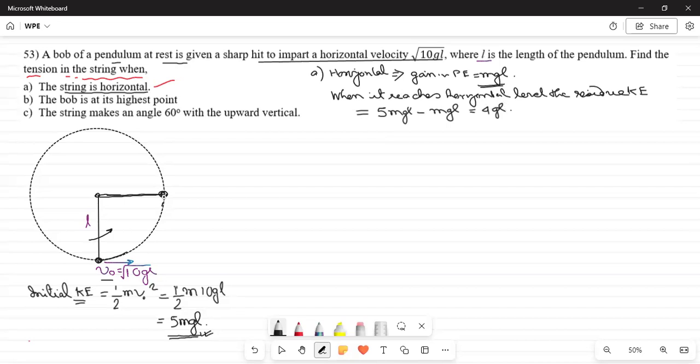And this kinetic energy of 4 mgL, how will it manifest? It will manifest as the tangential velocity of this ball, right? Let us say its tangential velocity at this point is v1.